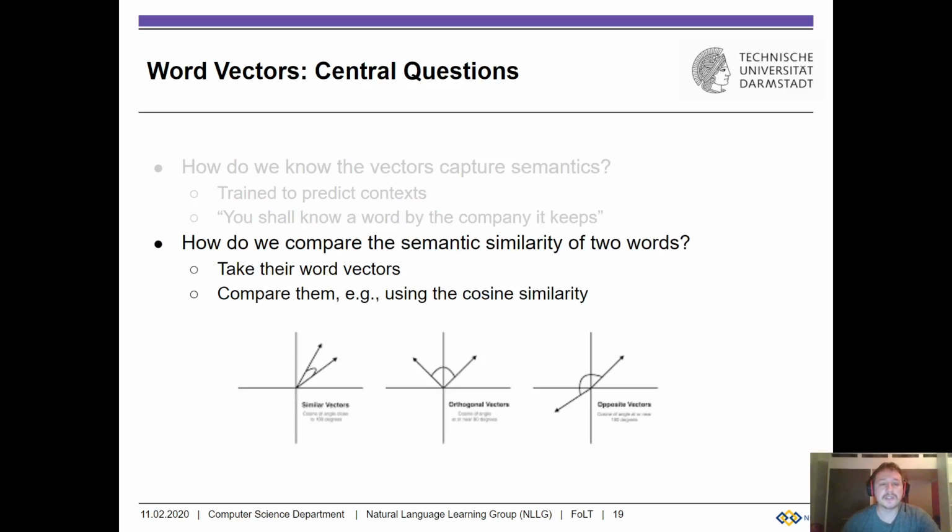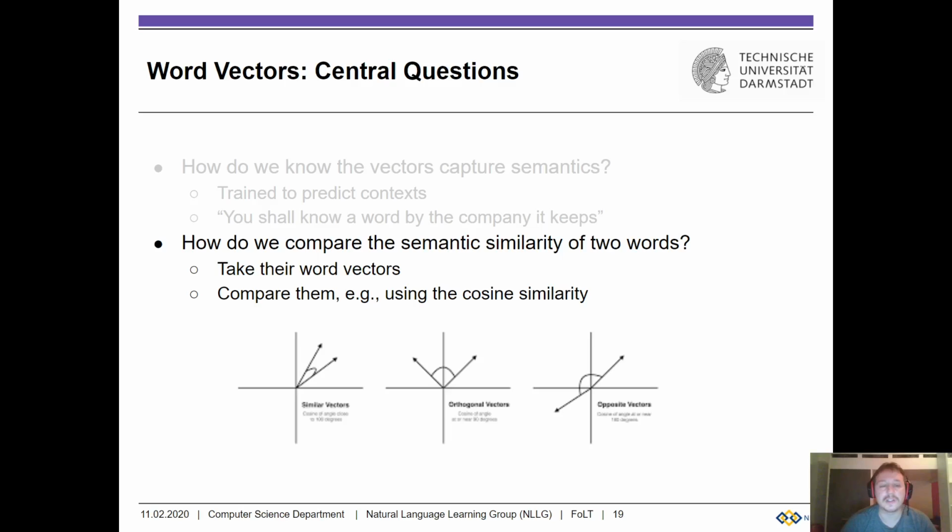So our second central question is, once we have those vectors, how do we actually compare the semantic similarity of two words? How do we know whether two words are semantically similar using those word vectors? And this is very easy to answer. Once we have the words, we take their vectors, and then we compare the vectors. There are many ways of comparing vectors, which you probably know from school or from other courses at university.